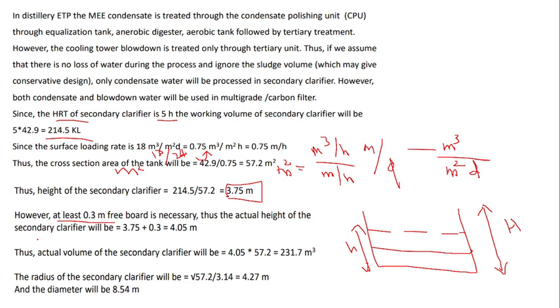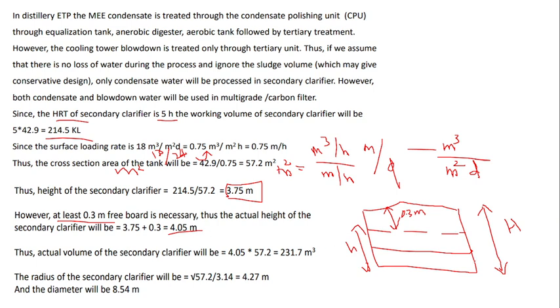In a secondary clarifier, you cannot entirely fill the clarifier with the wastewater. Around 0.3 meter overhead space is required. It is the basic condition. So whatever height we have obtained with the help of the loading capacity, just add the 0.3 meter to it. We will obtain the actual height capital H as 4.05 meter.